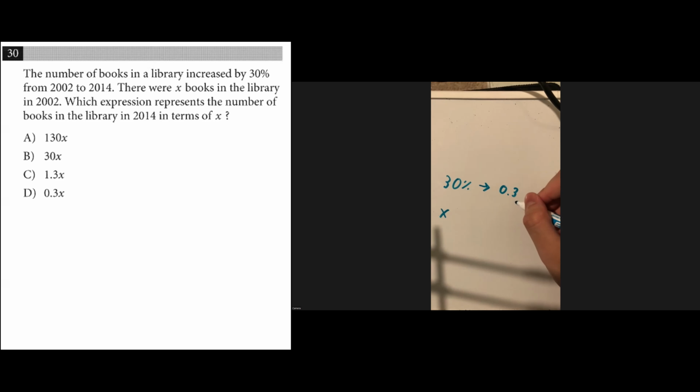And then we would have to add the initial, so basically it would be 0.3x plus 1x, because 1x is the initial amount of books and 0.3x is the rate of change. So that would just be 1.3x, which is answer choice C.